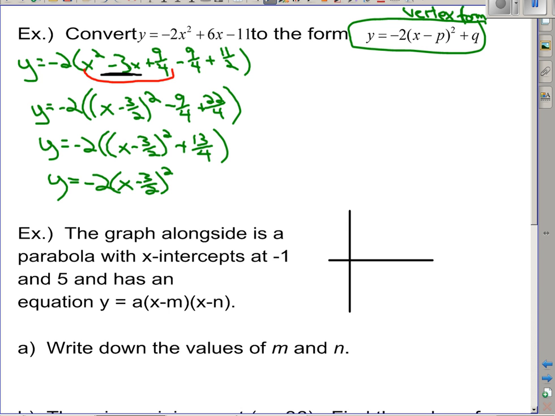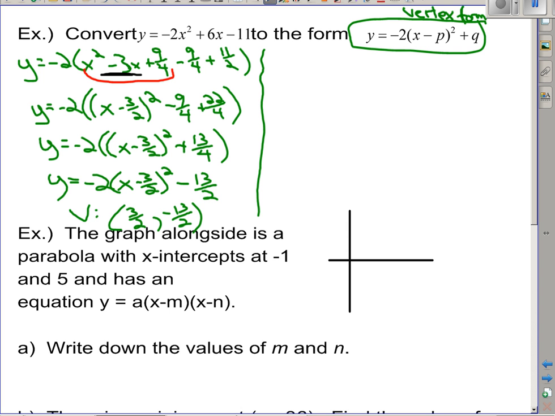Okay, and that'll give us -13/2. Meaning we've got a vertex here at (3/2, -13/2), or -6.5. Okay, that's one way of doing that, completing the square.